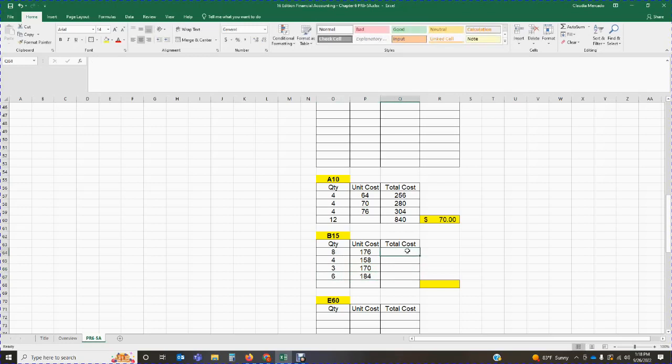We're going to get the total cost, multiply the unit cost times the quantity. That would give me those figures right there. And then we're going to get the total and our total quantity.